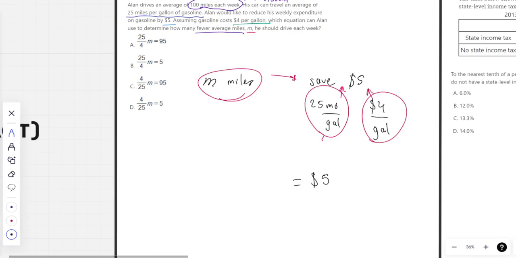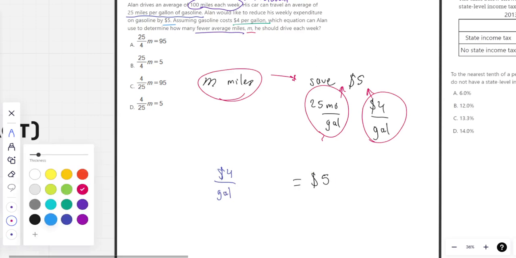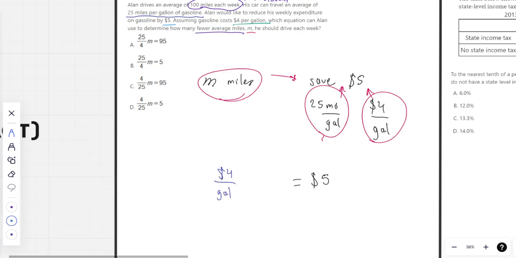Of course, I'm going to have the $4 per gallon on the top, because I need the dollars and the dollars to be the same. Then I'm going to multiply that by this unit, 25 miles per gallon, but instead I'm going to flip this to be 1 gallon every 25 miles, because of course we want the units of gallons to cancel out here.